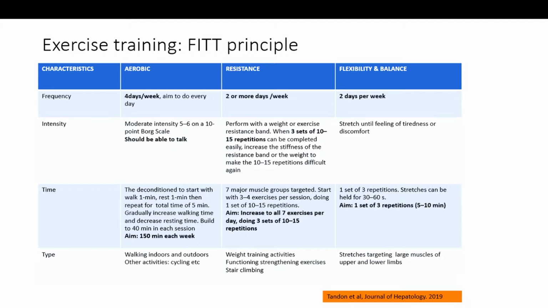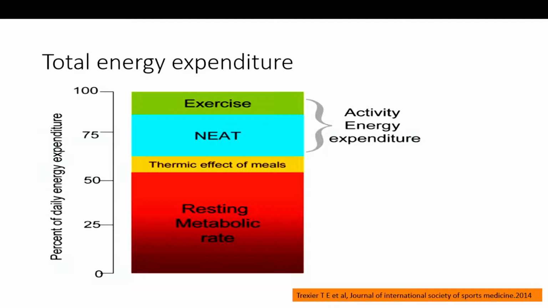We can start by targeting one muscle group, and subsequently the aim is to increase to all 7 muscle groups per day, doing 3 sets of 10 to 15 repetitions. For flexibility and balance, 5 to 10 minutes of 1 to 3 repetitions are sufficient. And type, I have already discussed the different types of exercises.